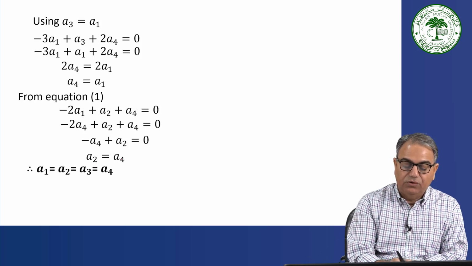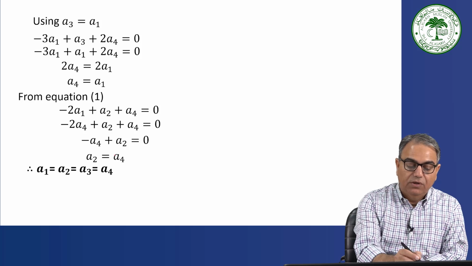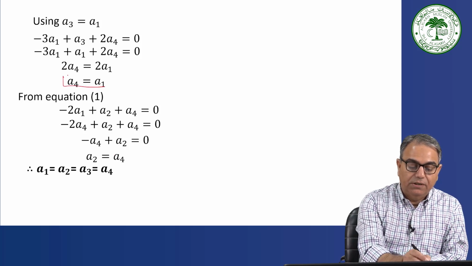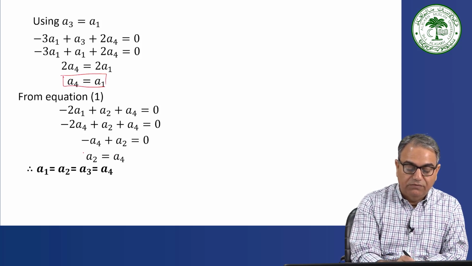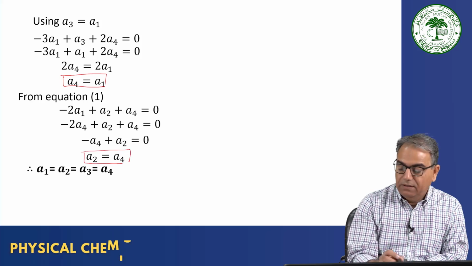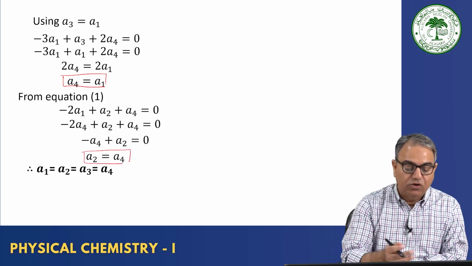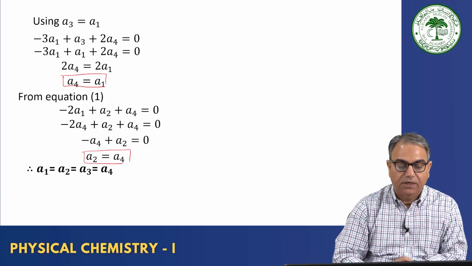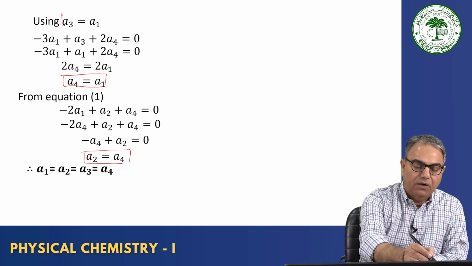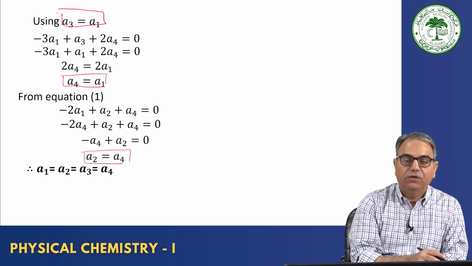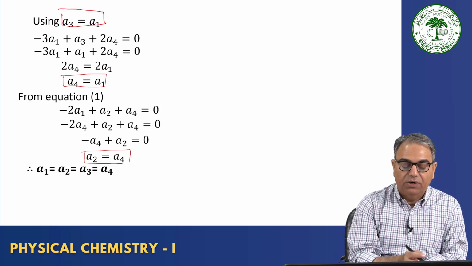So a2 is equal to a4, a1 is equal to a4, and we also obtained a1 is equal to a3. So all are equal.